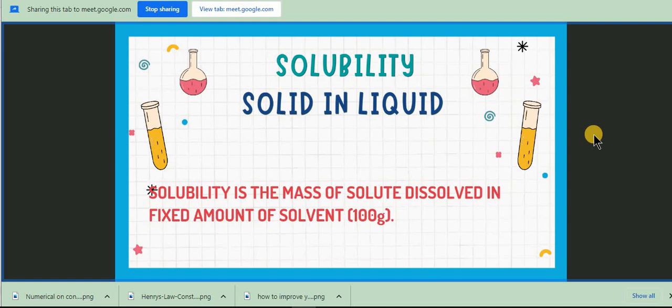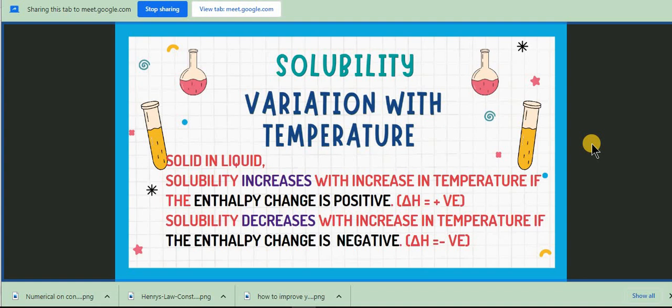It means if delta H is positive, solubility is directly proportional to temperature, and if delta H is negative, solubility is inversely proportional to temperature. So next part is solubility of gas in liquids.